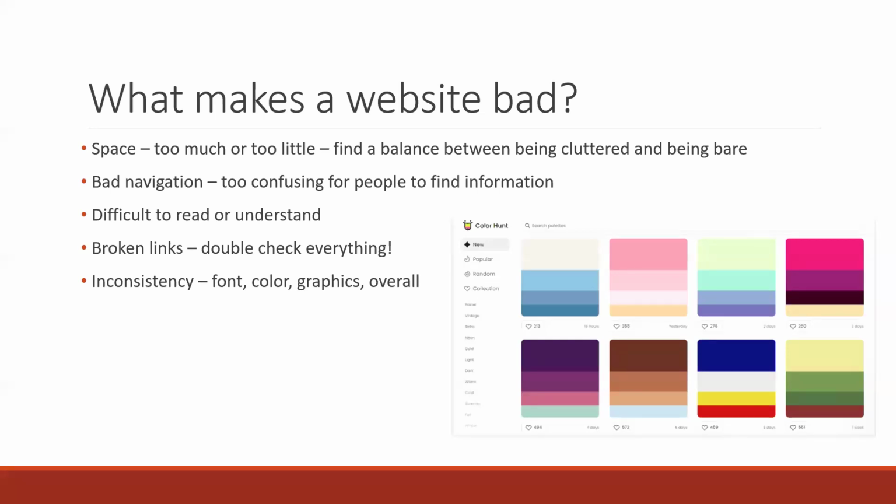There's also usually a navigation tool either at the top or on the side that helps you find all the different pages. If you don't have one of those, it can be confusing for people to find what they're looking for. That's the reason people are at your website, to get information. So you want to make sure that they can do that easily and aren't going to struggle too much. Having bad navigation can really ruin a site.